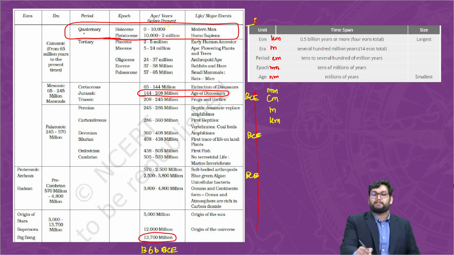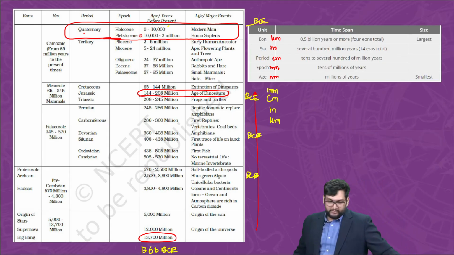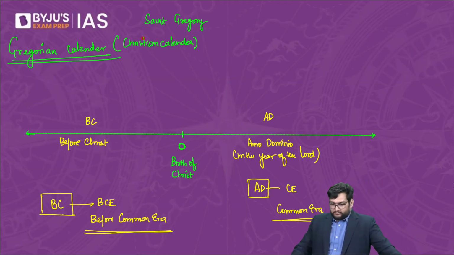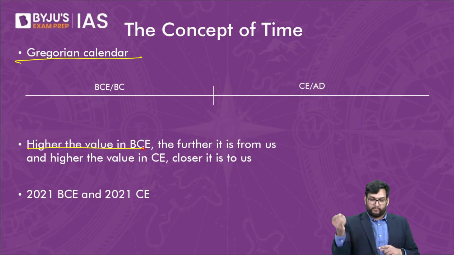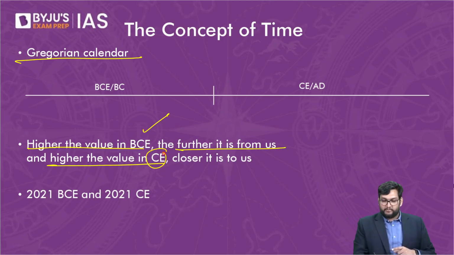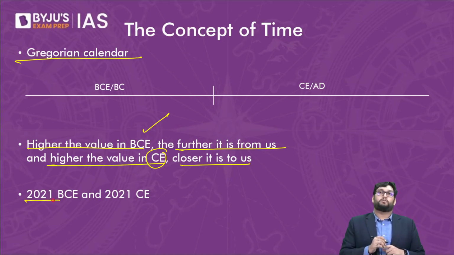This should have been written the other way around. Now, see, it says, Gregorian calendar, higher the value in BC, the further it is from us. Higher the value in CE, the closer it is to us. 2021 BC, 2021 CE: this is 4,042 years away from you, and this is just 2 years away.